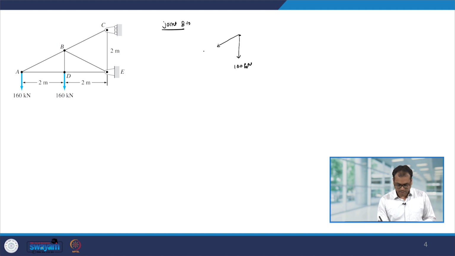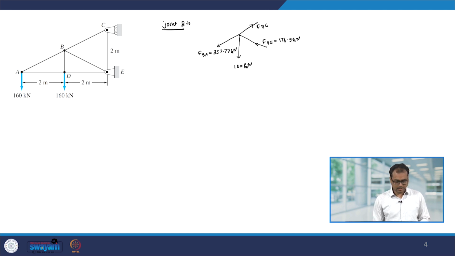So, FBA is 357.77 kilonewton. Then we have the force FBC and you have a force FBE which again we have calculated. So, FBE it was 178.9 kilonewton, and from here we can find out what is the value of BC.